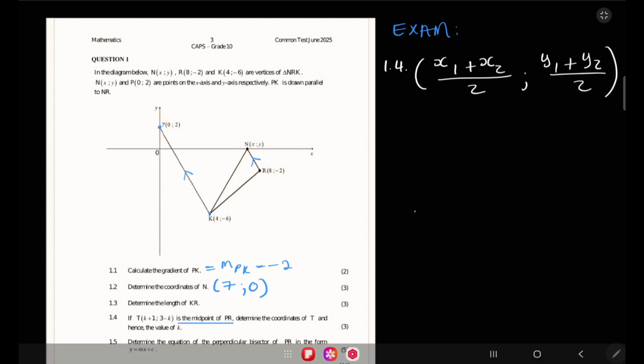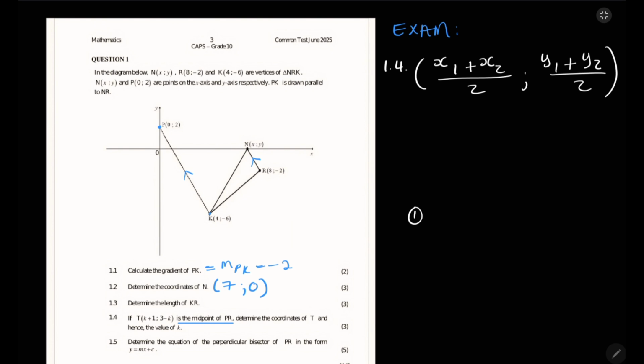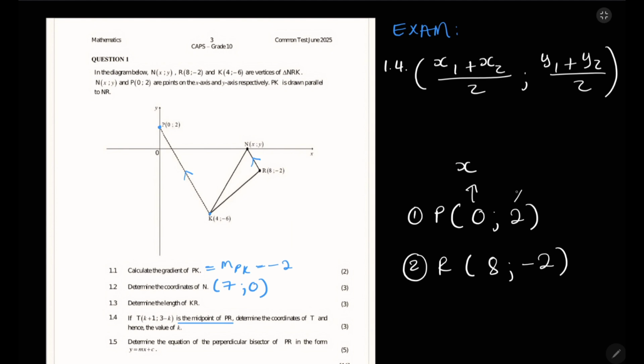So let's label our points to avoid making any mistakes. For the first point, we can use P, which is 0 and 2. And for the second point, they said PR, so let's use R. We have 8 and negative 2. So that is your x value, that is your y value, that is your x value, and that is your y value.